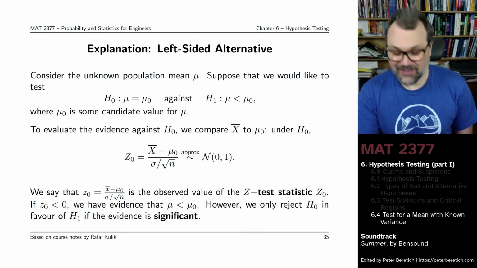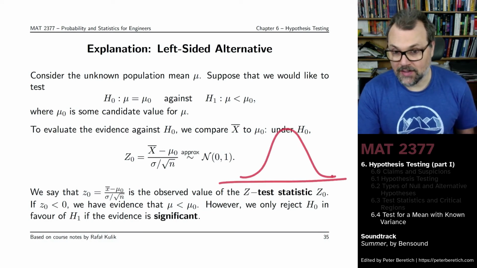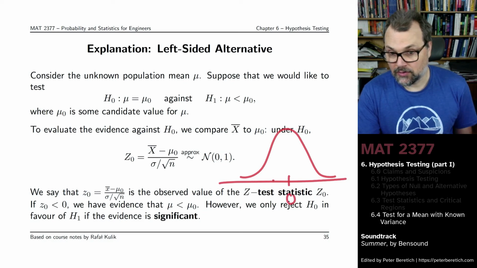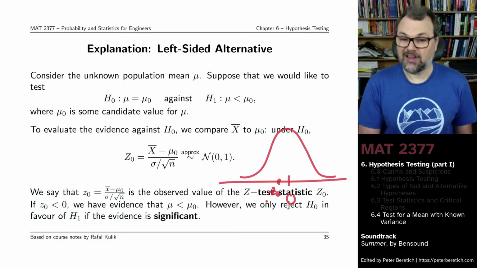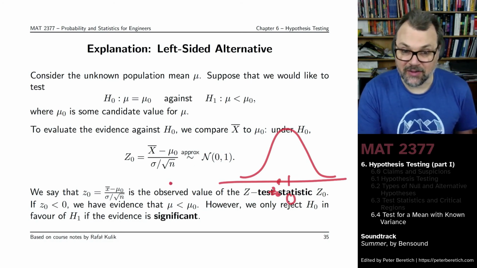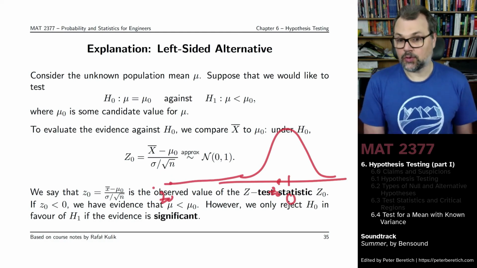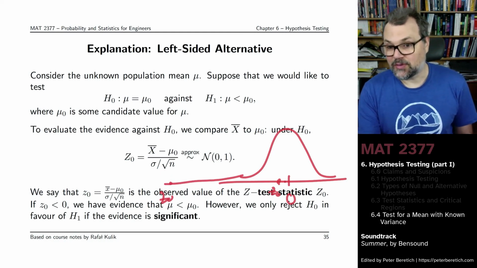But we know that in the standard normal distribution, there is weight associated to values smaller than 0. So it wouldn't be too surprising if Z0 was here, for instance. It might be surprising if Z0 was here, because here there's barely any probability for that score.